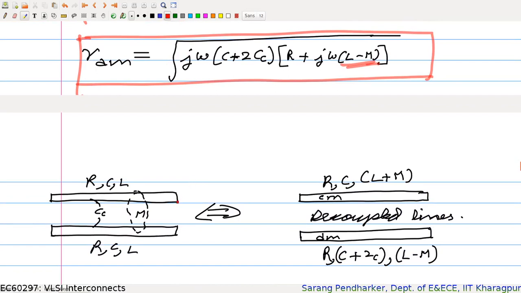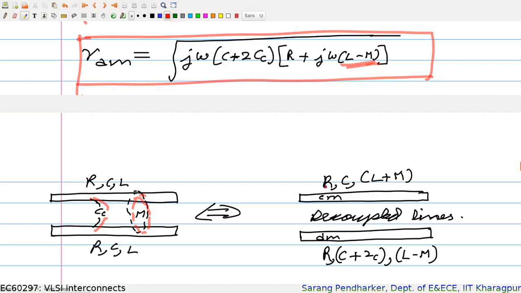Basically what you have is two coupled RLC interconnects. There was capacitive coupling, and then there was also a mutual coupling. Now you can represent them as two decoupled interconnects. One of them is common mode, the other one is differential mode.